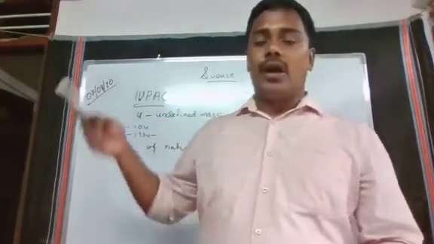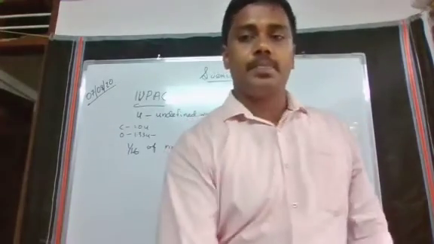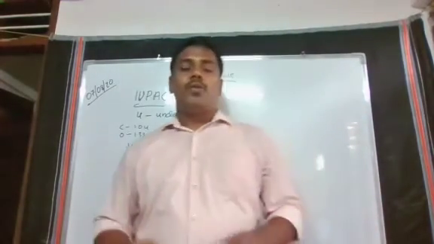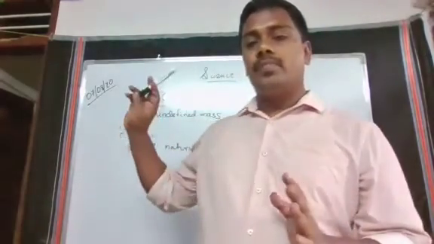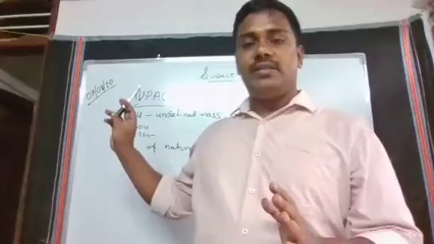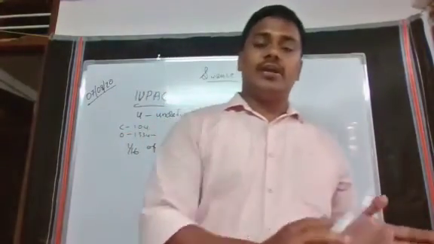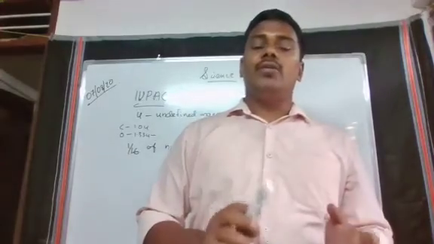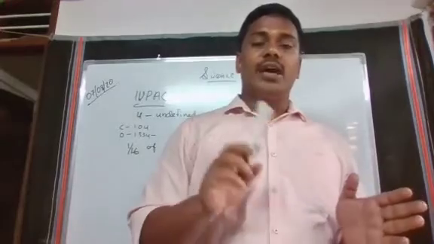Once again, while searching for a unit for atomic mass, scientists took 1/16 of naturally occurring oxygen as the unit, because of two reasons.